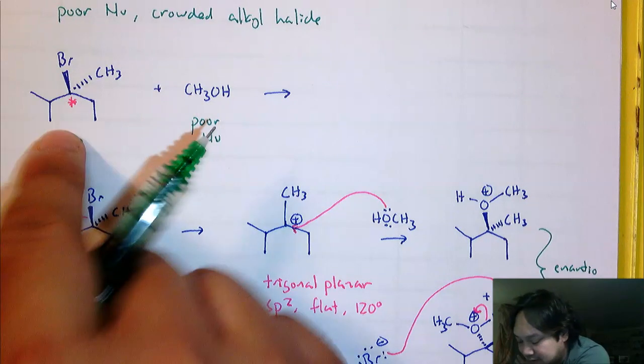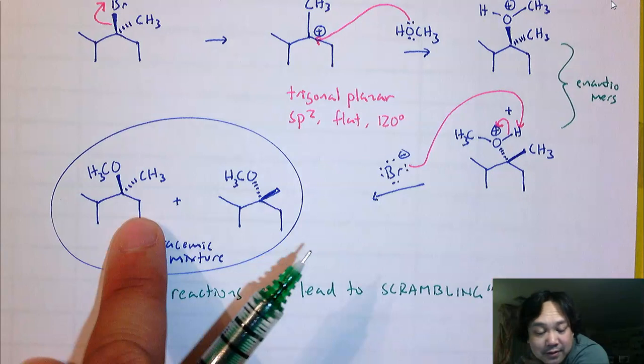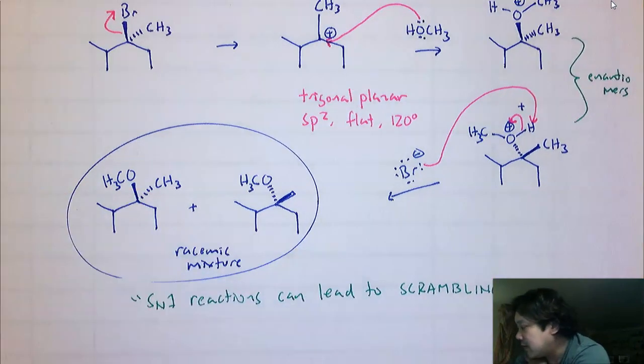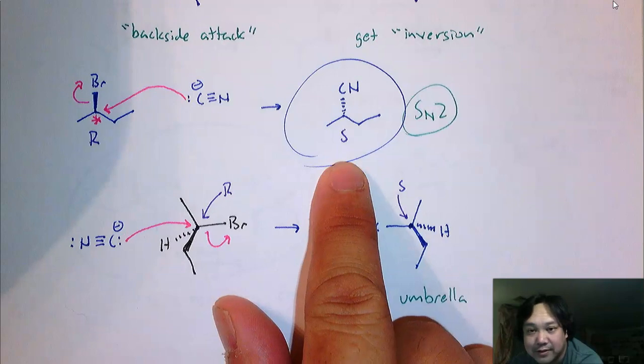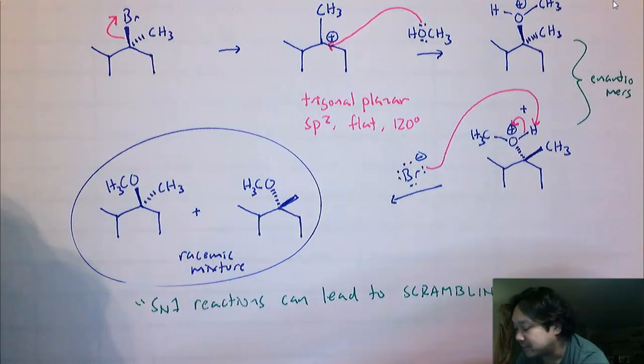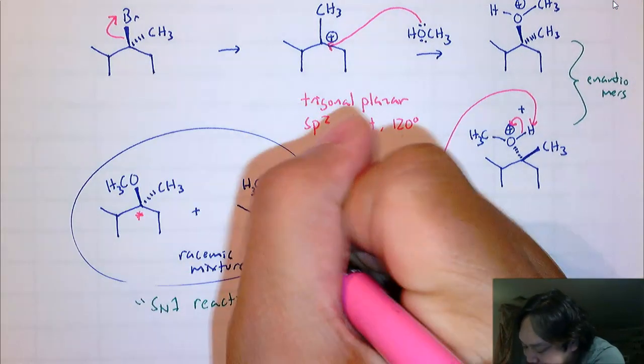This looks like it's S, and then we get R and S for the final product. Okay, so in contrast, you have the inversion right here, one product, and here you have scrambling. Both of these have chiral carbons on them.